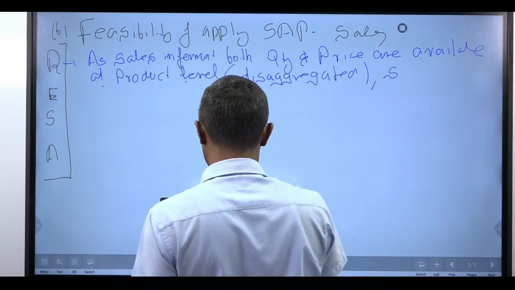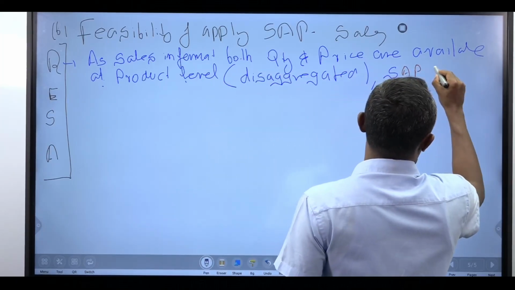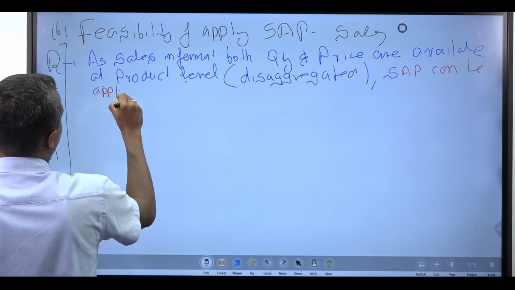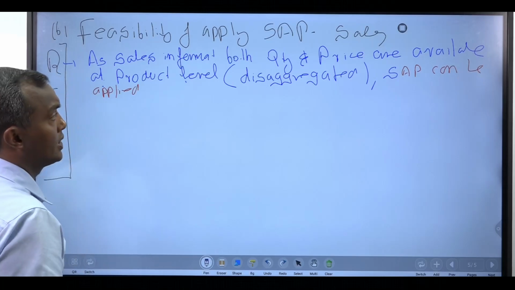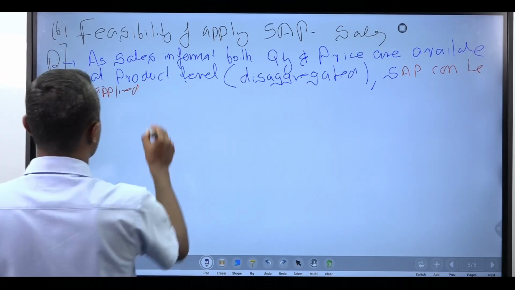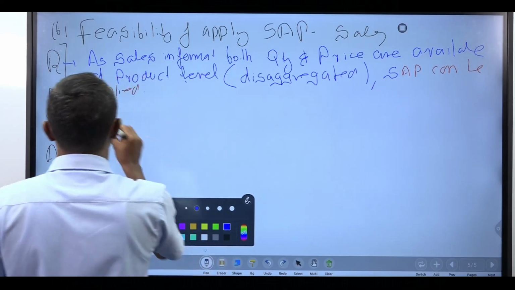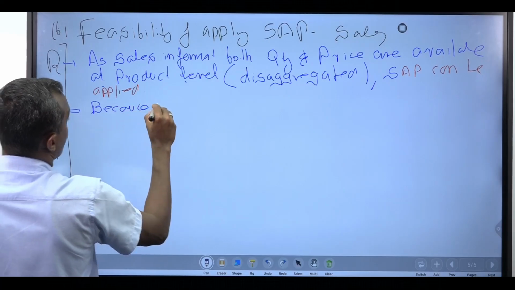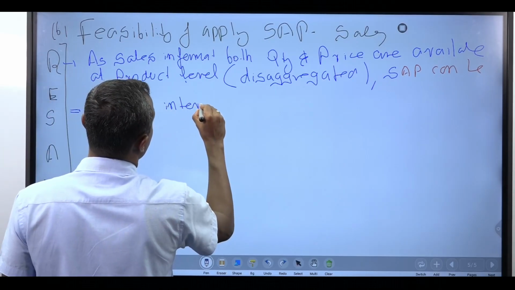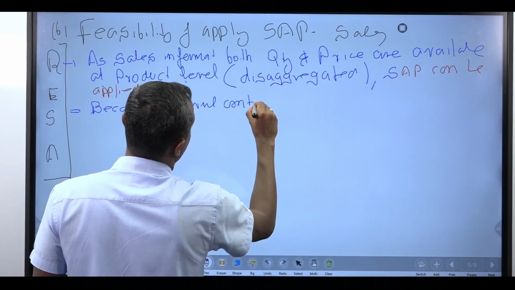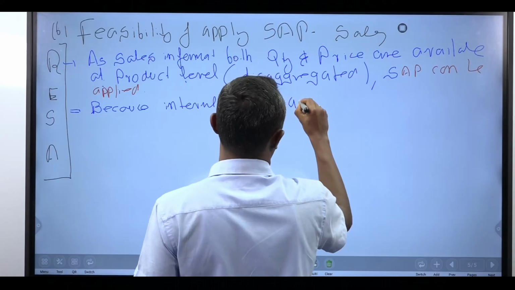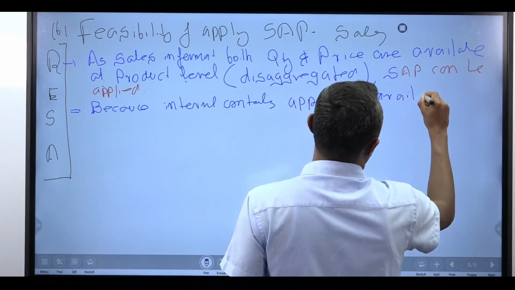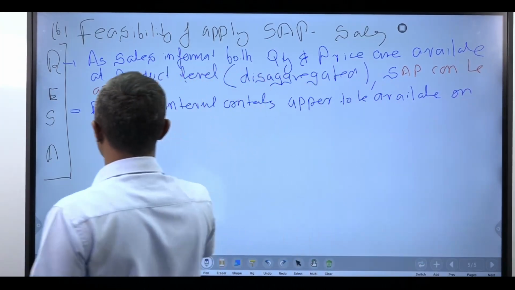But there is a condition. That condition is the answer. SAP can be applied provided, there is no need to say it, one is already given in the case, right? SAP can be applied, right? Then you can add that point because internal controls appear to be, we are not exactly sure, we have to test it, right? Appear to be available on sales price.